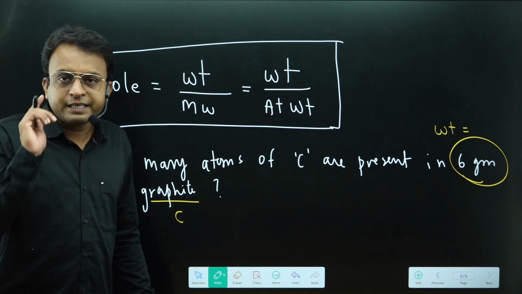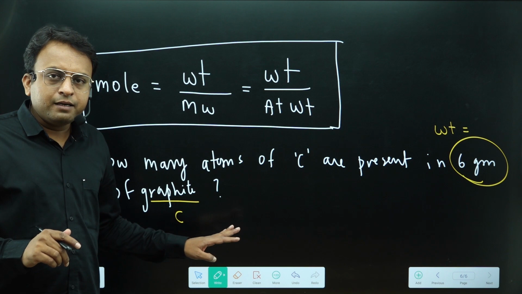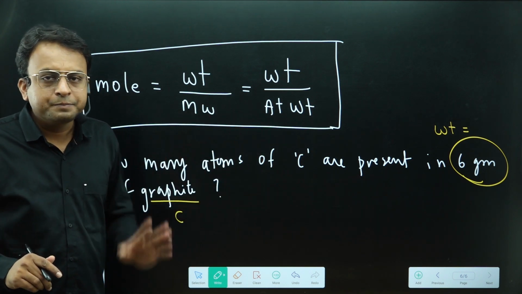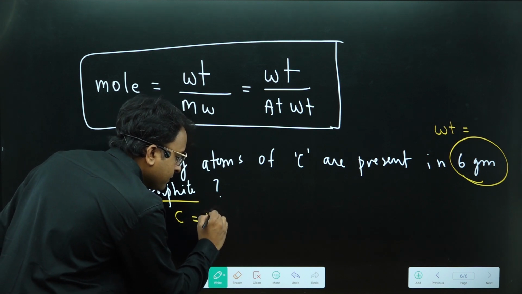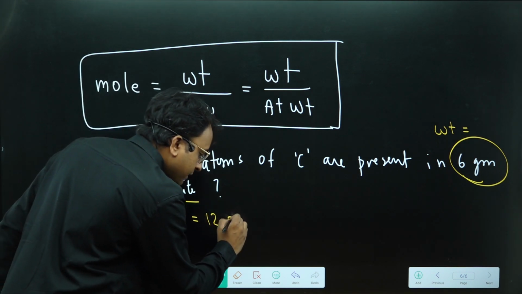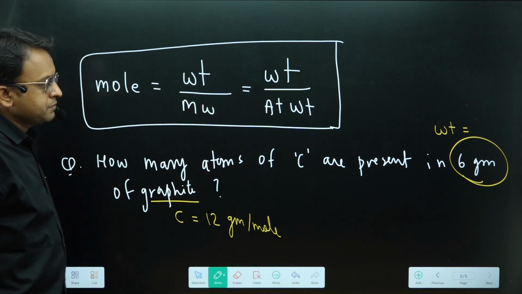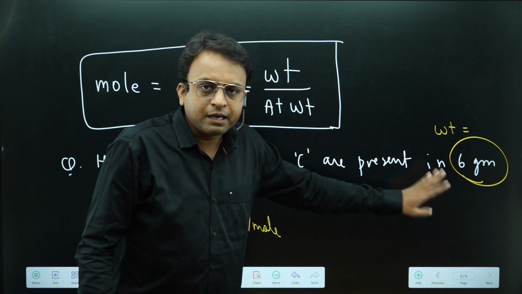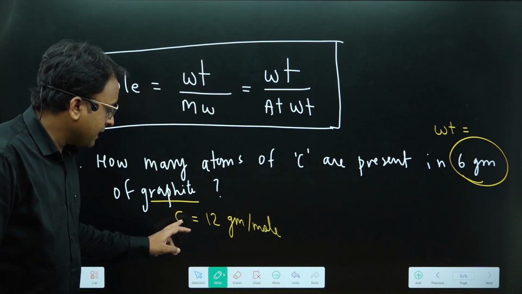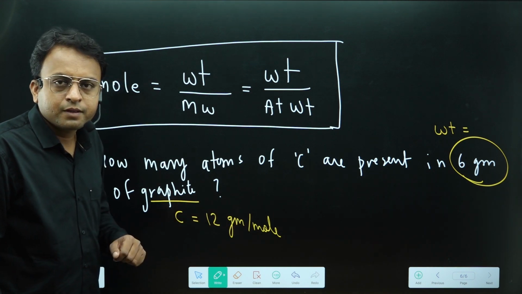Carbon has atomic number of 6, 6 is even, just double, so that comes atomic mass. Mass number is 12 and unit is gram per mole. Weight is 6 gram and atomic weight is 12 gram per mole.